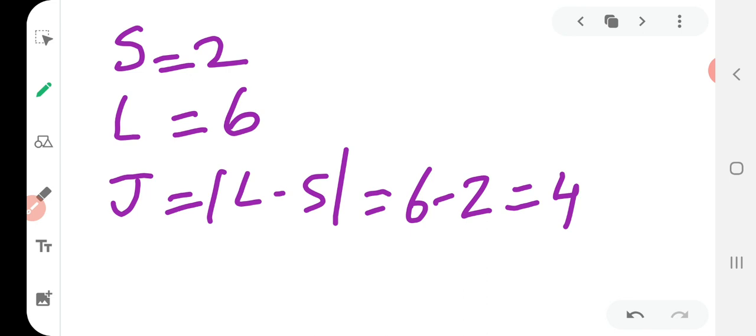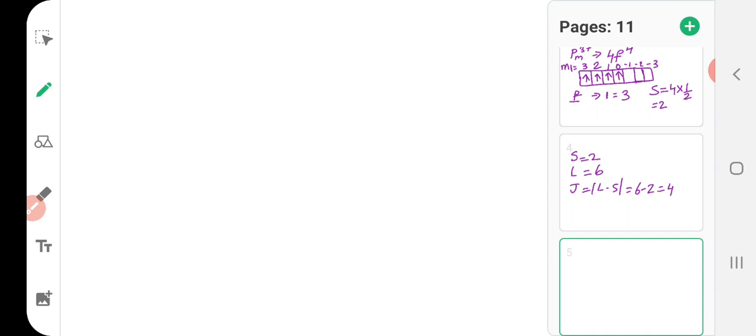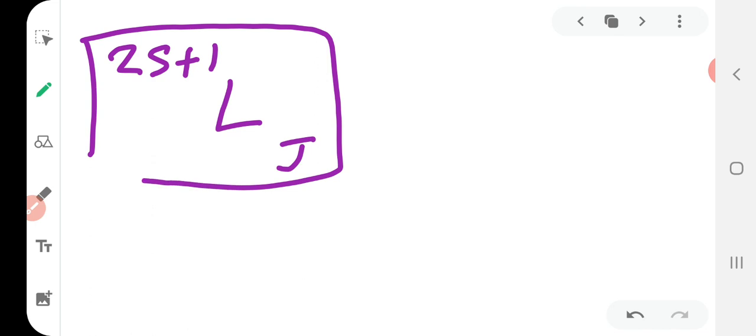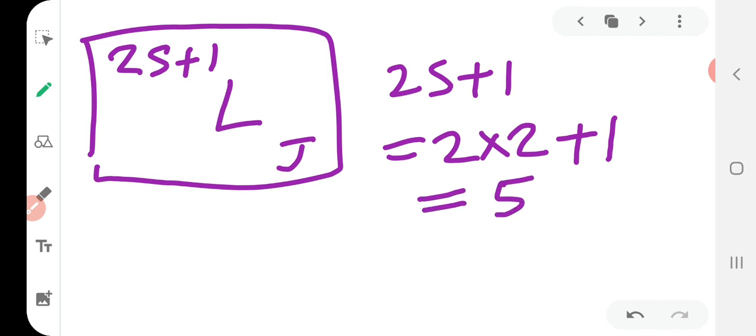So how do we represent the ground state? It is 2S plus 1, L, J. This is the term symbol for the ground state configuration. And what is 2S plus 1? 2S plus 1 is the multiplicity, and here S we got as 2, so 2S plus 1 will be 5.